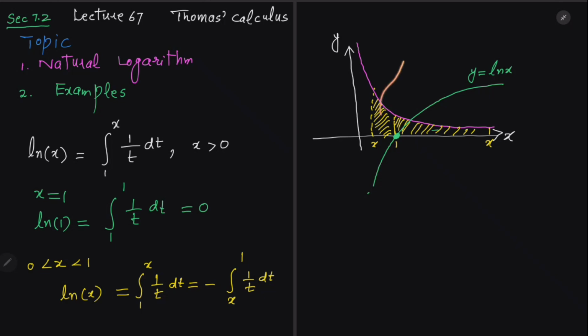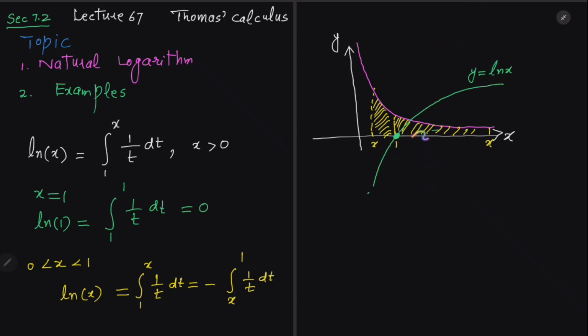This quantity over here is the integral from x to 1 of 1 over t dt. When we multiply this with a negative, the graph should go down along the y-axis. That's why natural log of x cuts at 1 and then moves towards the negative y-axis.